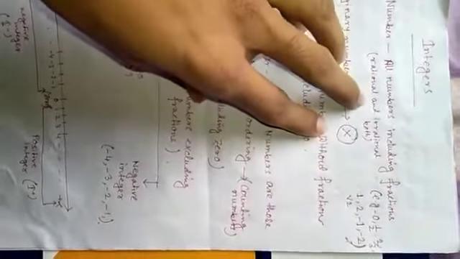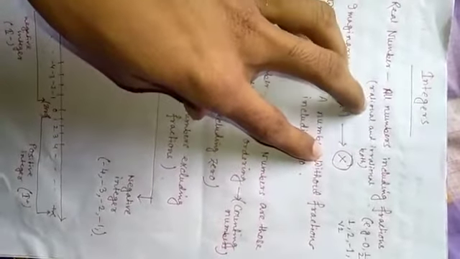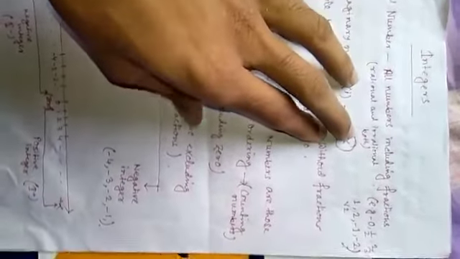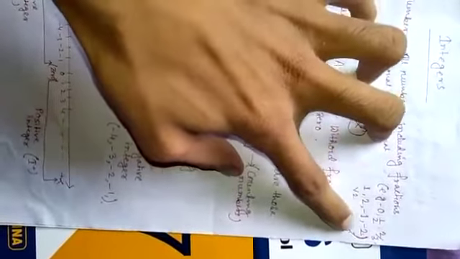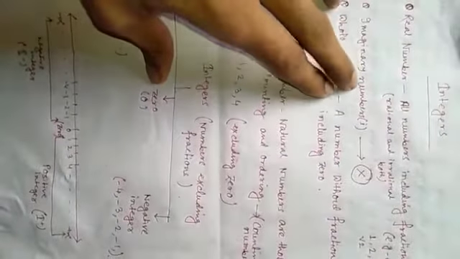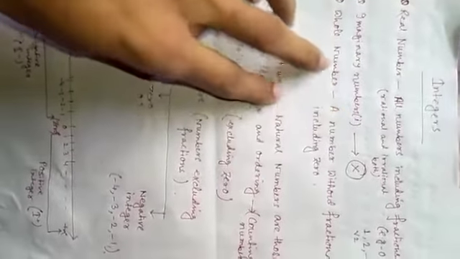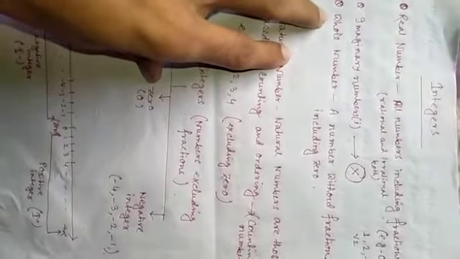All numbers including fractions, we know that they are real numbers. Rational and irrational numbers are both real numbers. Example: 0, half, 2 by 3, 1, 2, minus 1, minus 2, root 2, they are real numbers. And another one is imaginary numbers, denoted by i. It is not included in your syllabus, so we can skip it.